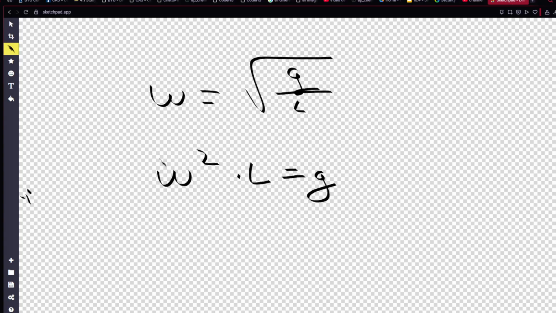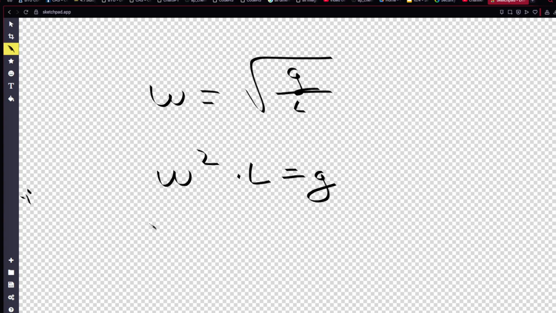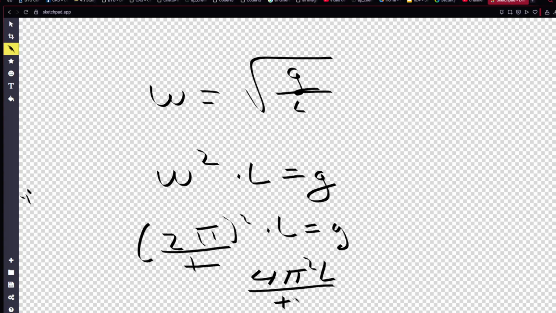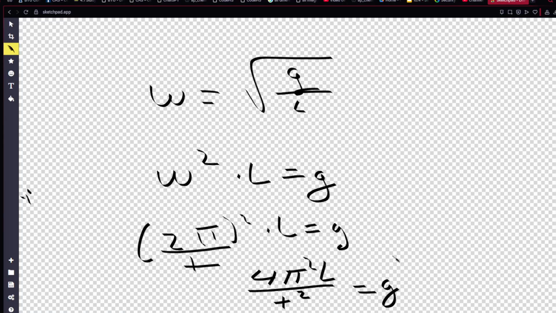I think they just set w equal to 2 pi over T. Yep. So they did 2 pi squared times L equals g. Actually, I forgot the divided by T. Applying this algebraically, you get 4 pi squared L over T squared is equal to g. Let me see if the form is equivalent. And fortunately it is. So you can calculate gravity with any pendulum, which is interesting.